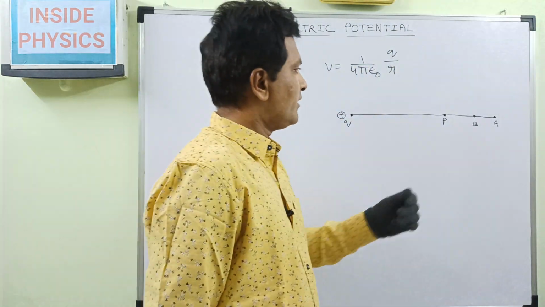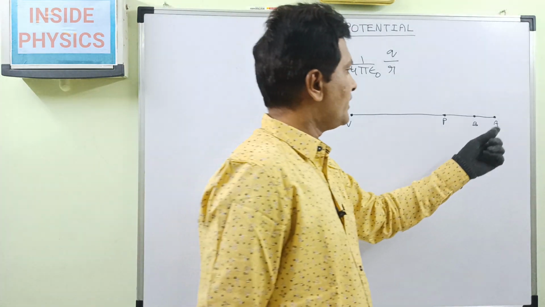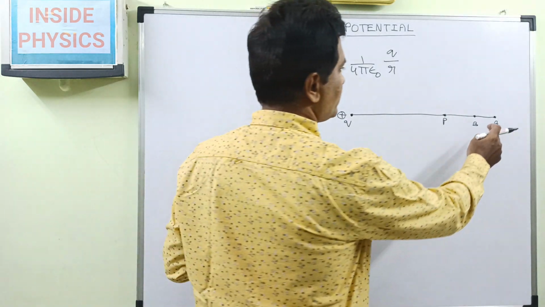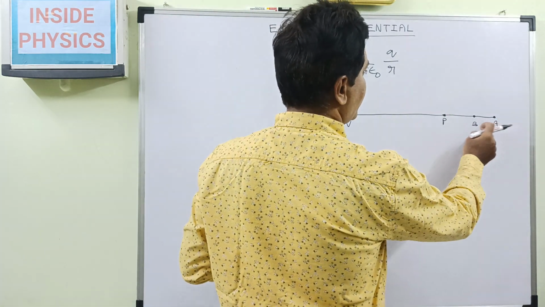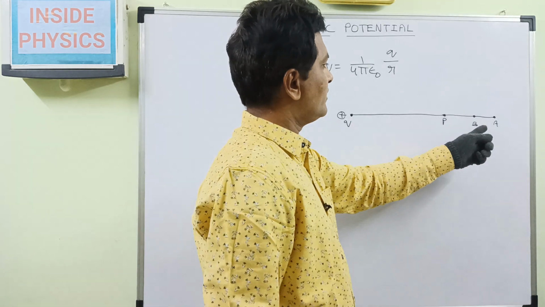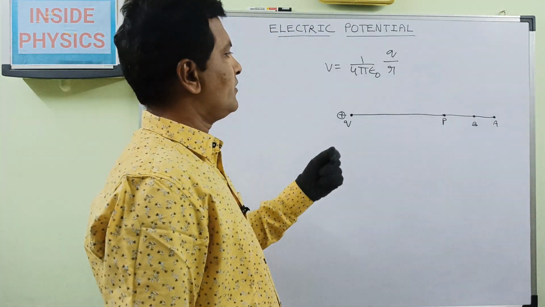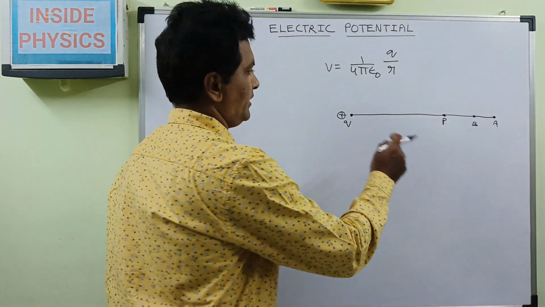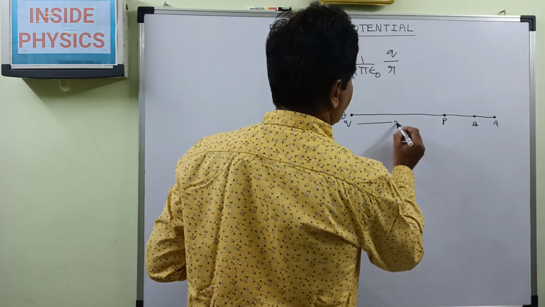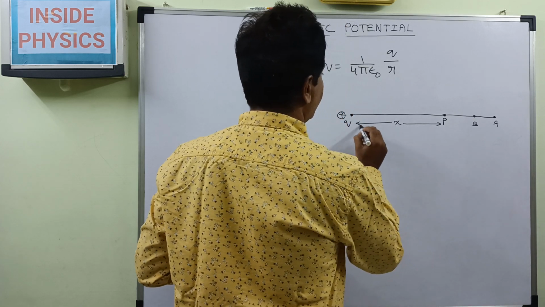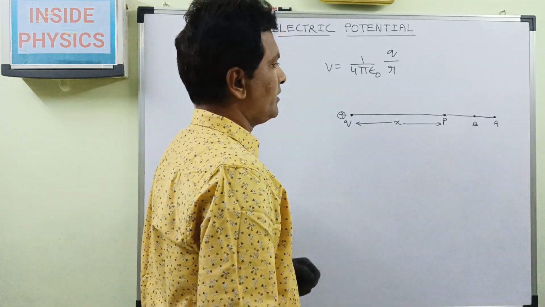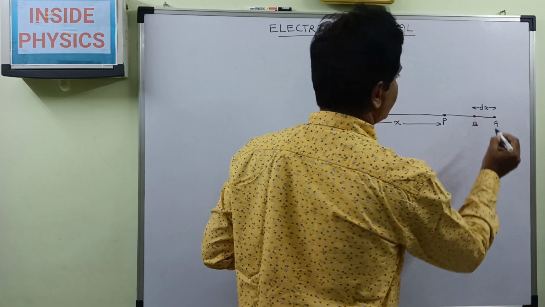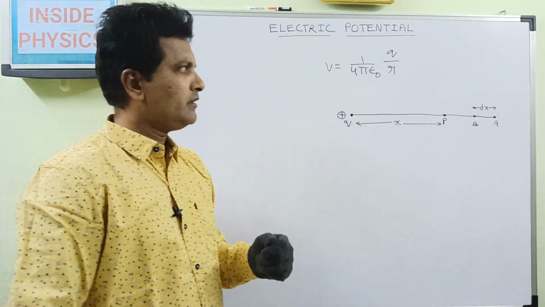First we will calculate the work done to move a unit positive charge from A to B. Suppose a unit positive charge is here and we are moving from A to B, and from that we will calculate the total potential to bring a positive charge from infinity to a point P. This distance will be x between this charge and the position P. This small distance we will consider as dx.